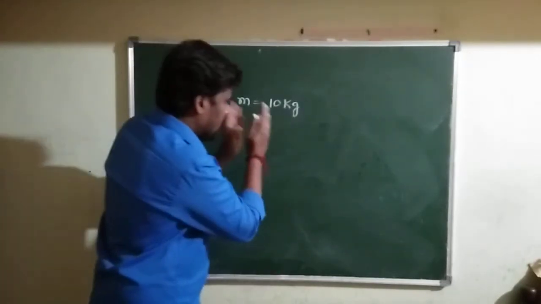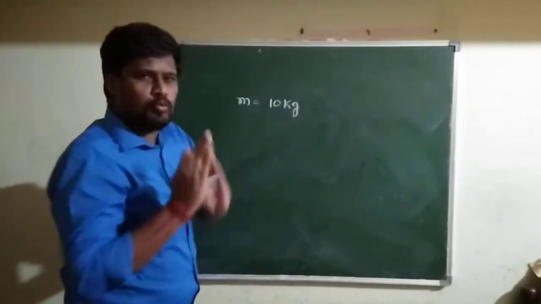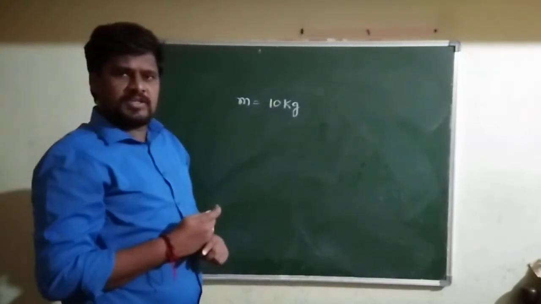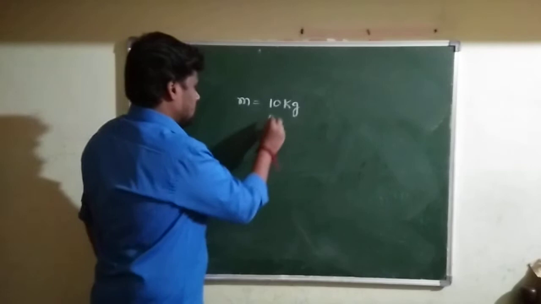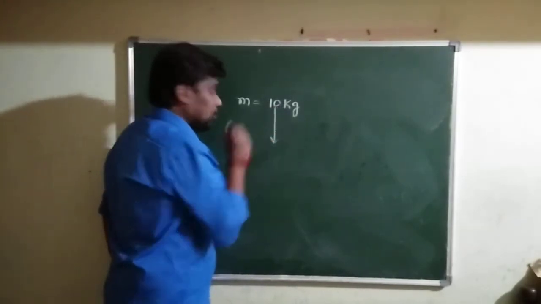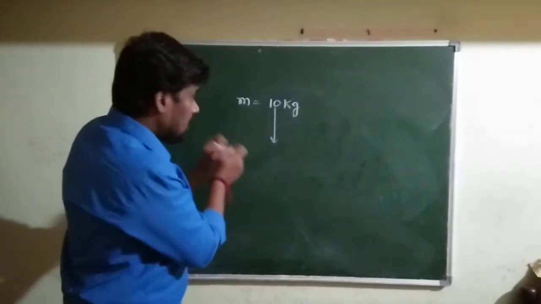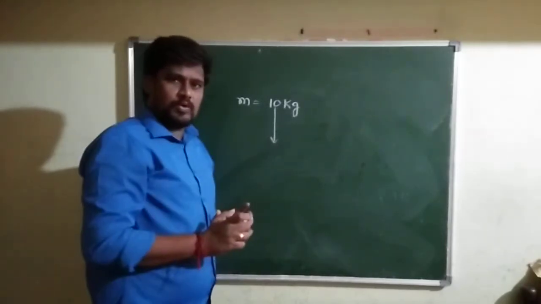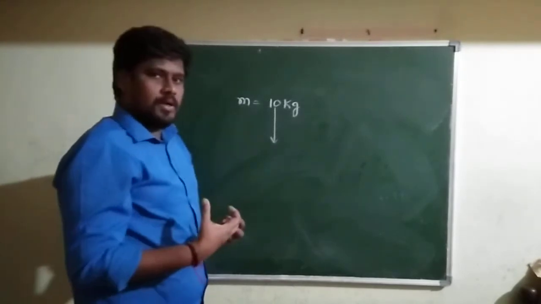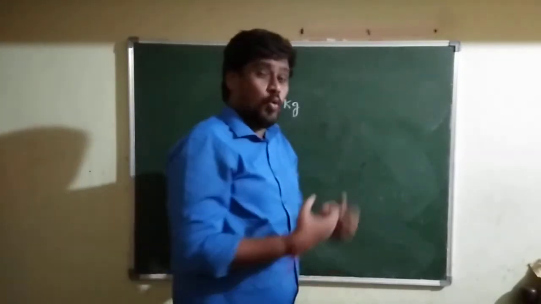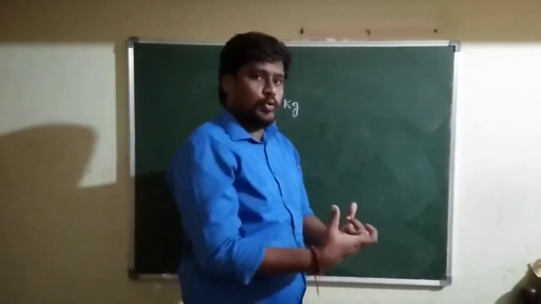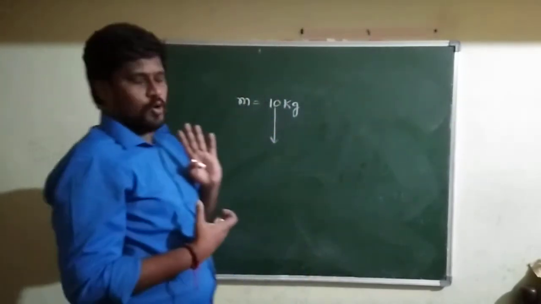This measurement consists of two parts. The first part is always the numerical value. It is also called the magnitude of the physical quantity.